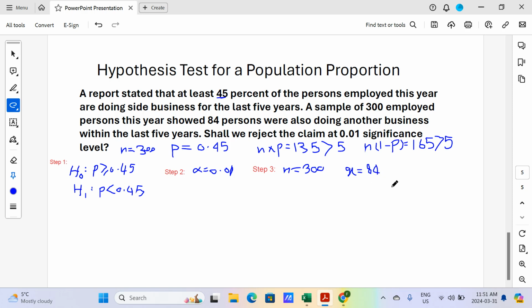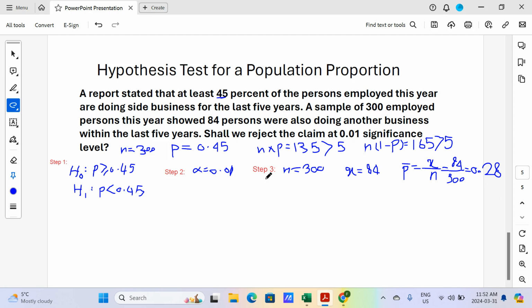Okay, the rate of interest is doing another business within the last 5 years. Out of these 300 employed persons this year, 84 are doing another business within the last 5 years. Okay, so X, the number of items with the particular rate of interest, is 84. As a result, P bar, the sample proportion, would be X over N, or 84 divided by 300, so we get 0.28. Okay, it's the sample proportion.